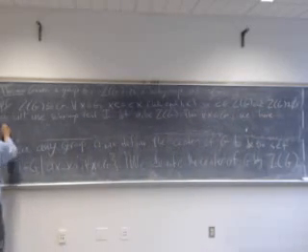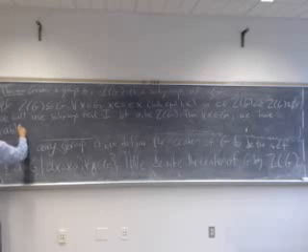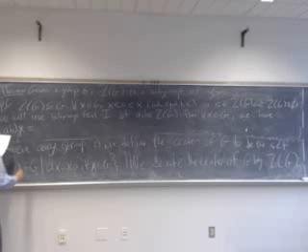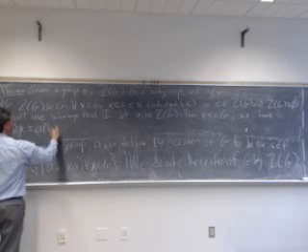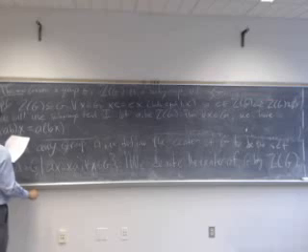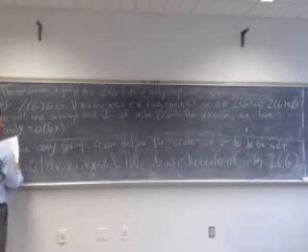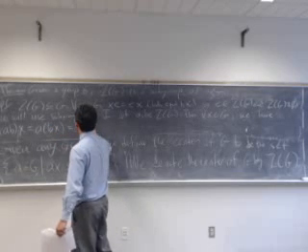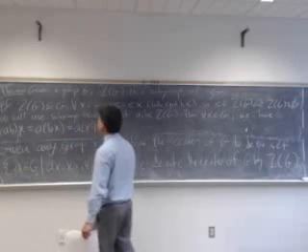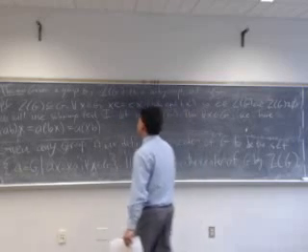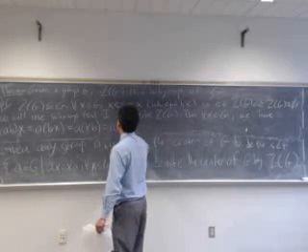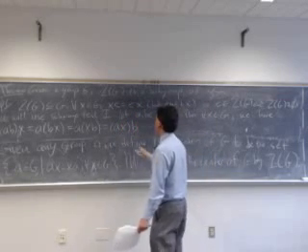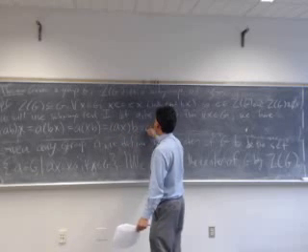If we look at AB times X, we can scoot that over. That's equal to A times BX. We have associativity. But then B is in the center, so B commutes with X, so BX is XB, but we have associativity again. But A is also in the center, so A commutes with X, so AX is equal to XA.